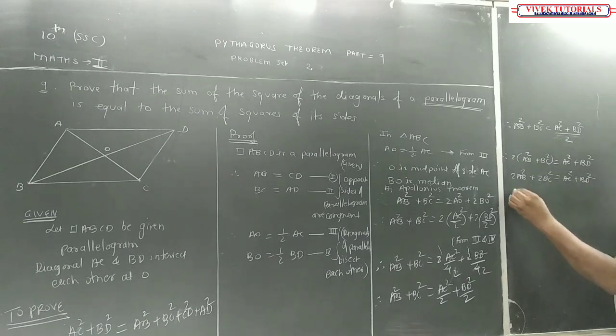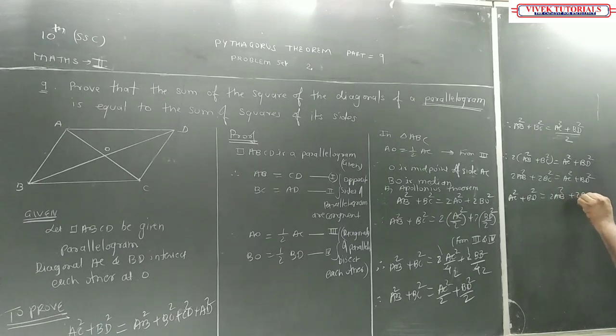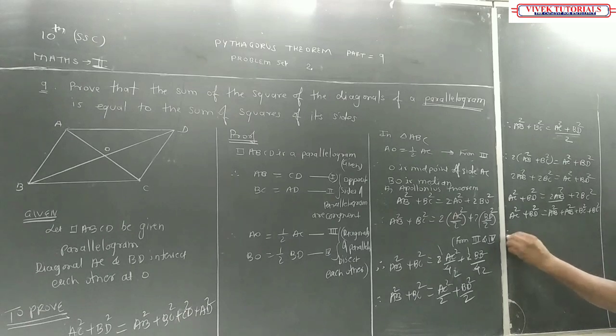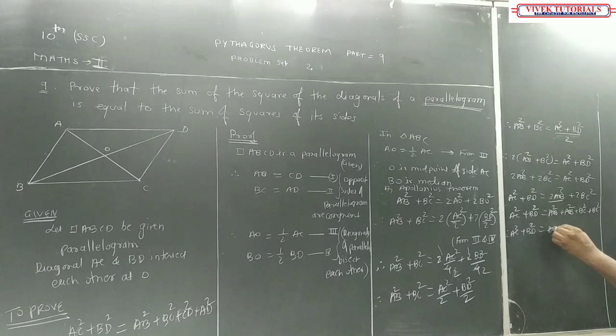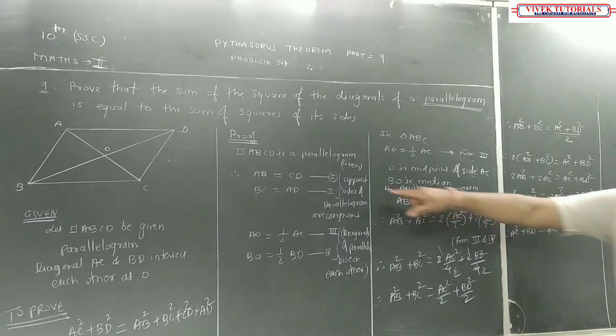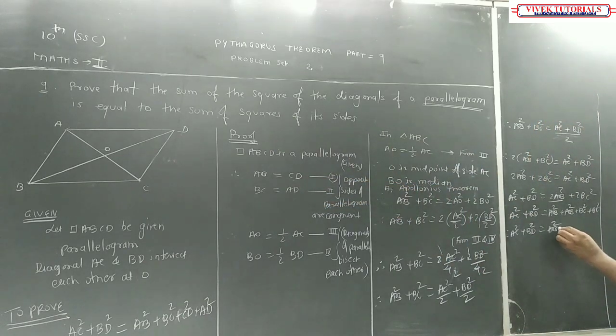Now, therefore, AC square plus BD square is equal to 2AB square plus 2BC square. So, AC square plus BD square is equal to, instead of 2AB square, I can write AB square plus AB square. And instead of 2BC square, I can write BC square plus BC square. Are you getting it? Therefore, AC square plus BD square is equal to AB square is okay. But instead of the second AB square, what can I write? CD. So I will write plus CD square.